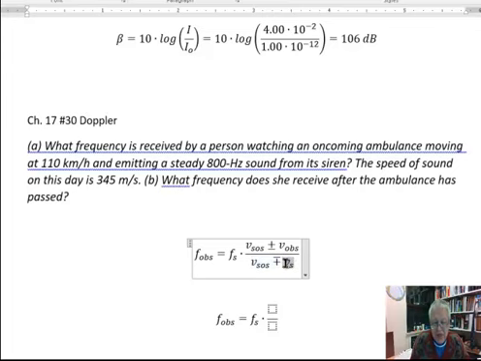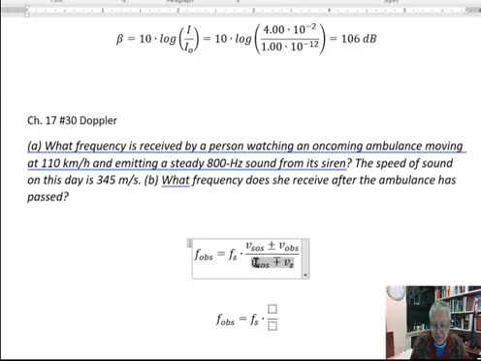So watch what happens. Or now listen carefully. If the source is moving toward the observer, then of course the frequency gets higher, and therefore I would have to subtract, because then I make my denominator smaller, and therefore my overall fraction gets larger, and I have a larger frequency. And if the source is moving away, well, then I'm going to apply the bottom part of that, which is plus.